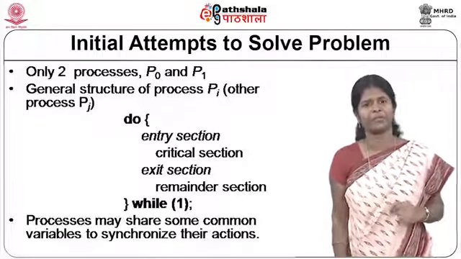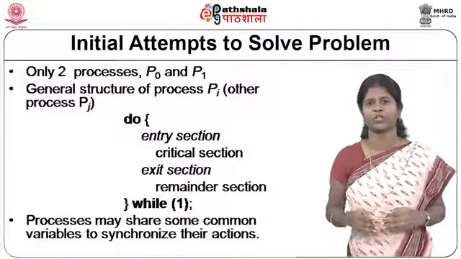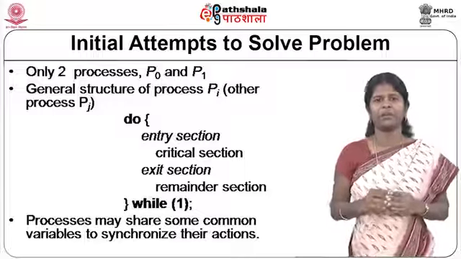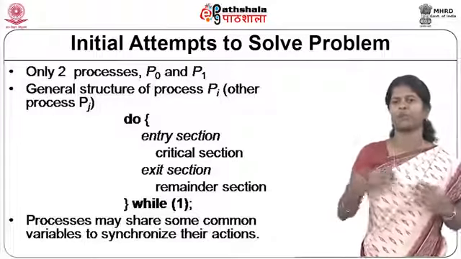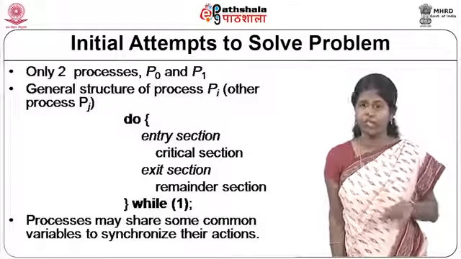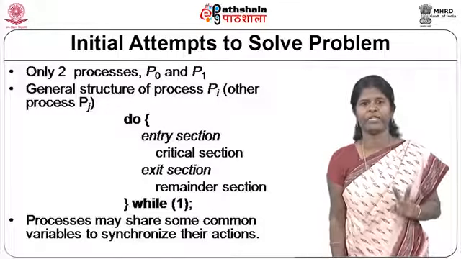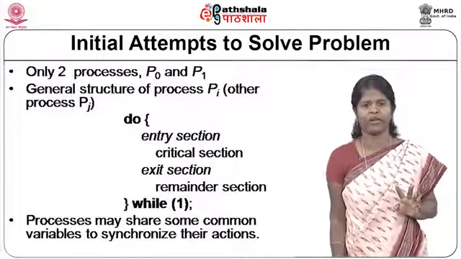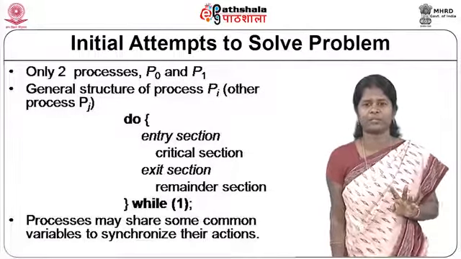In this attempt, you have two processes P0 and P1, and a solution has been given to the critical section problem when there are only two processes. The general structure of any process willing to enter the critical section looks something like this.